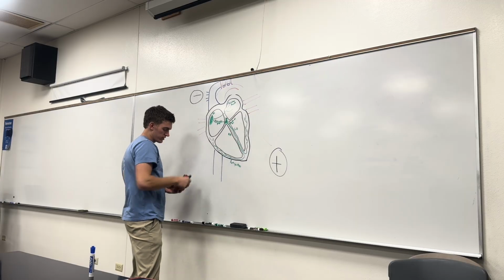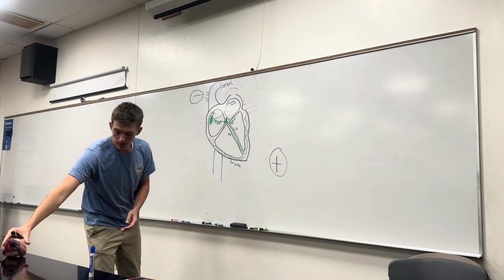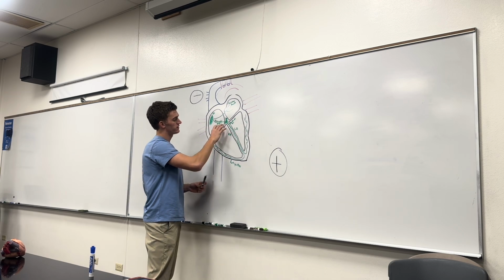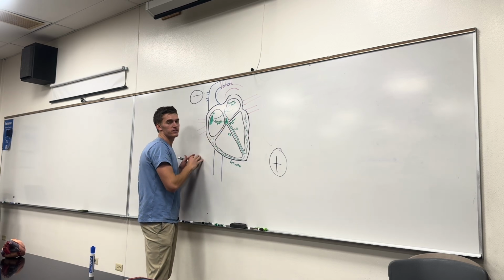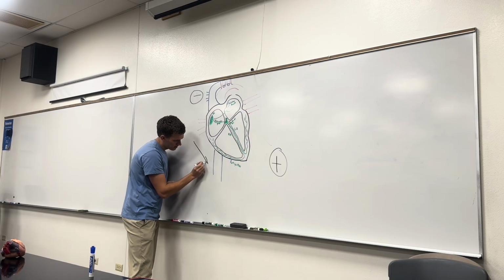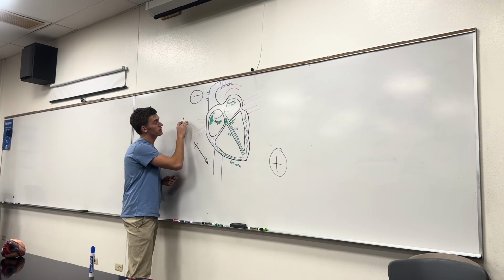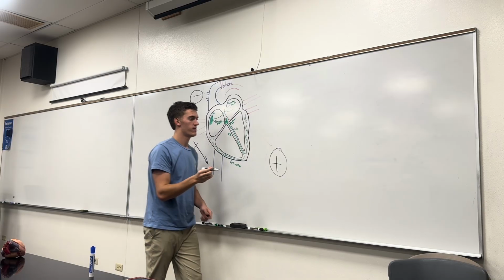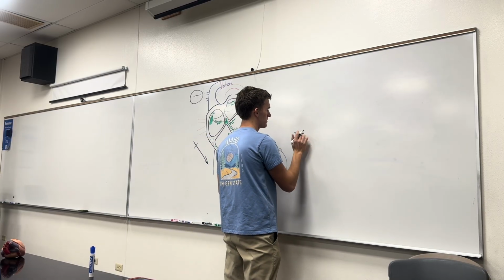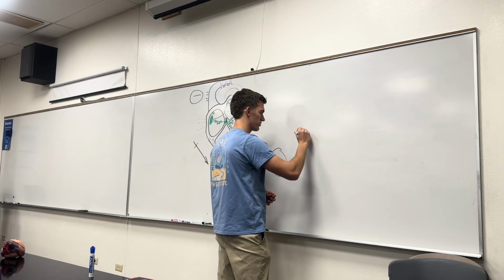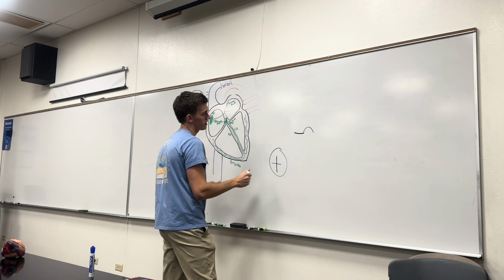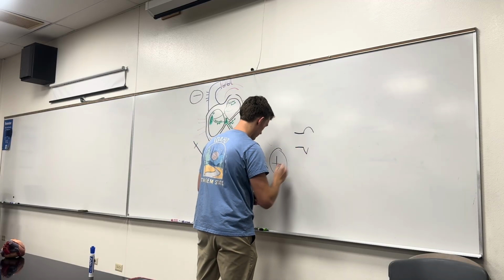And what's gonna happen is when we depolarize, we're pulling positive into the cell, which means the outside of the cell is getting more negative, which means we have a vector that goes like this. It's pushing negative towards a positive. And what that looks like on an ECG is an upward stroke. Versus when we send a negative towards a negative, that would be a downward stroke.